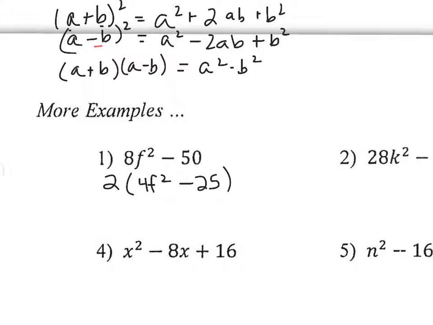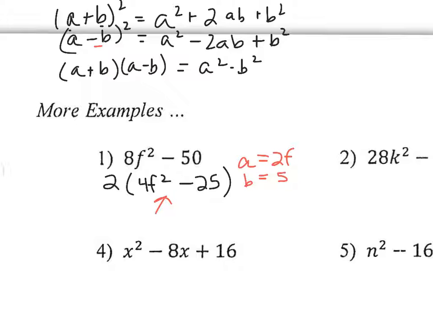What's left is called the difference of squares. I could take the square root of this expression and get 2f, and the square root of 25 and get 5. So a is equal to 2f, because 2f times 2f is 4f squared, and b is equal to 5. I'm going to use the formula up here to factor it.